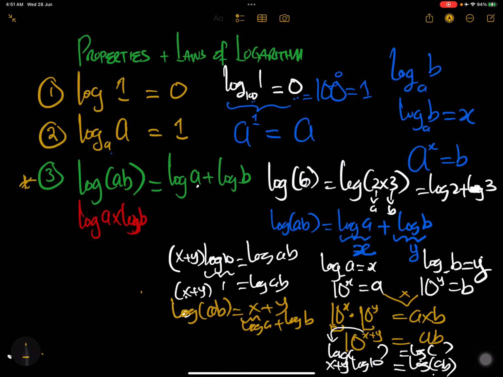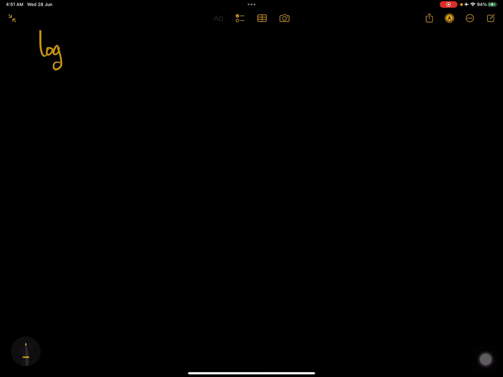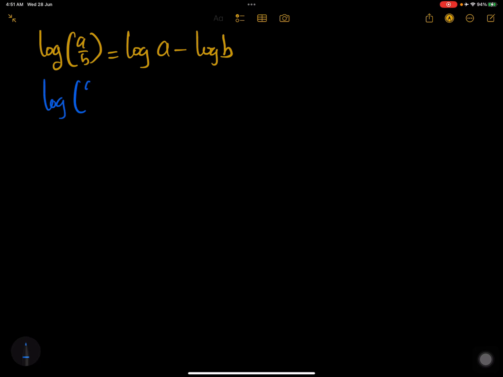All right. Now let's look at the next property, or should I say law. We are continuing with the second property, which is log of A over B, the same as log A minus log B. Remember, log of A over B is not the same as log A divided by log B. It's not true, so let's be careful.